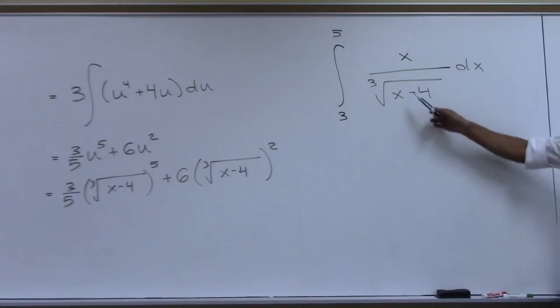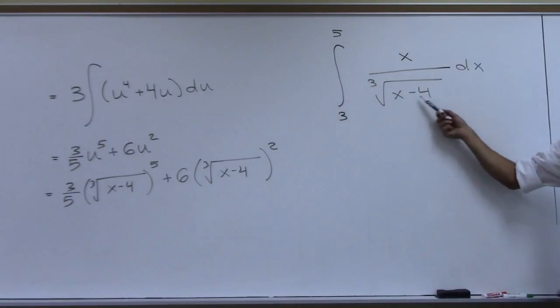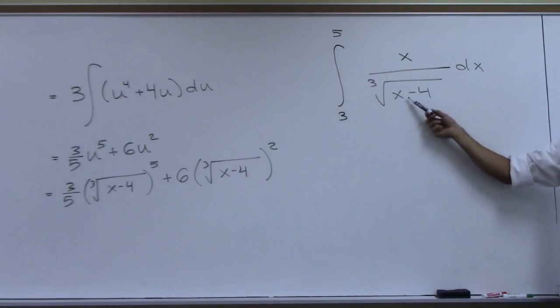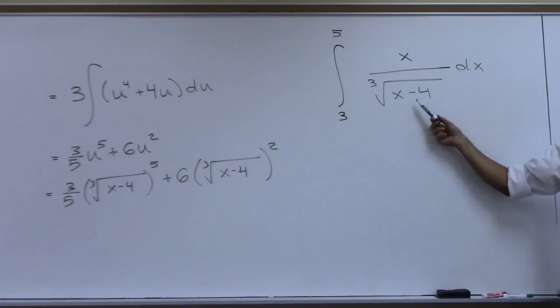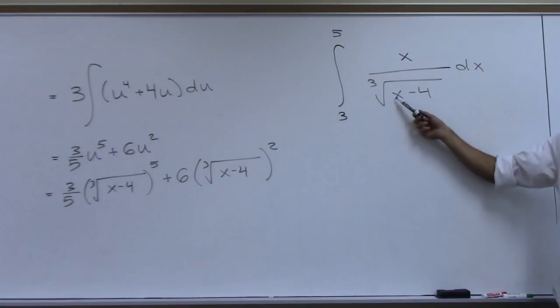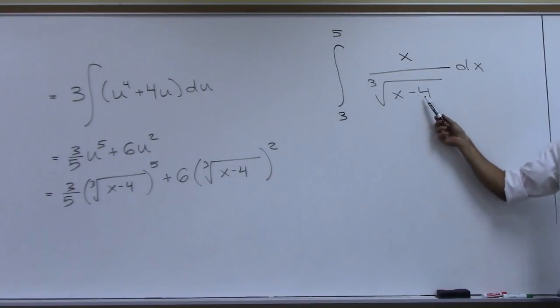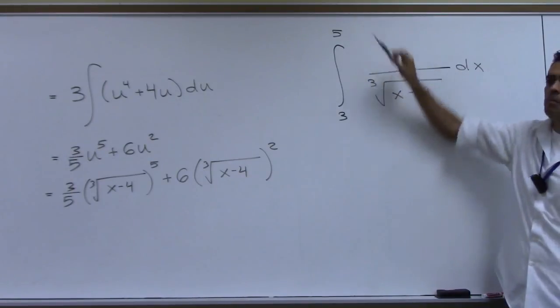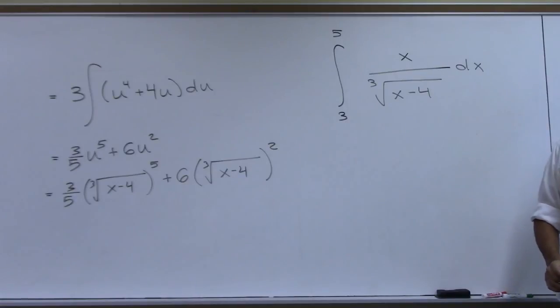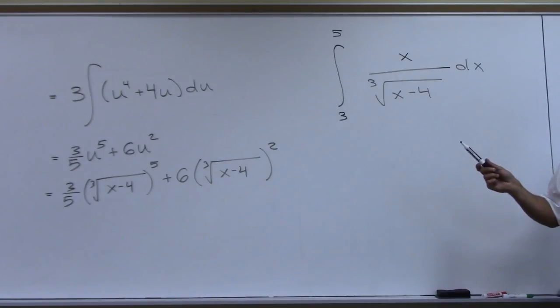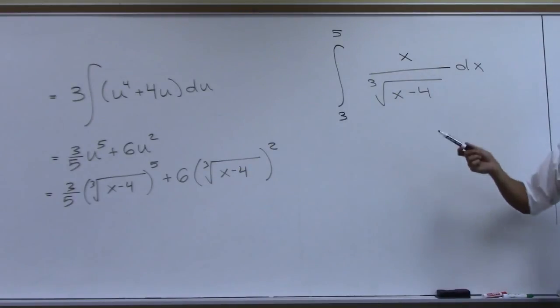Do I have a problem at 5? If I plug 5 in here, is it okay? Yes. If I plug 3 in here, is it okay? Yeah, it's a cube root. You can take a cube root of a negative number. That's all right. So you don't have any problems at the endpoints, right? But you do have a problem where? At 4. And 4 is in there, isn't it?